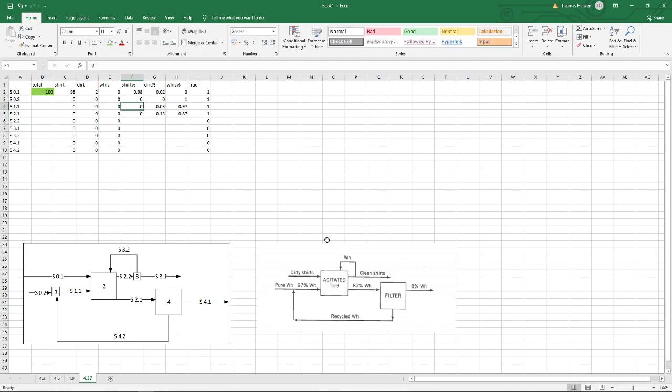So in basically all of the bottom part here, we don't have any shirts in those streams. So we can fill that out for 1, for 2, 2.1. What else? That's it for now.